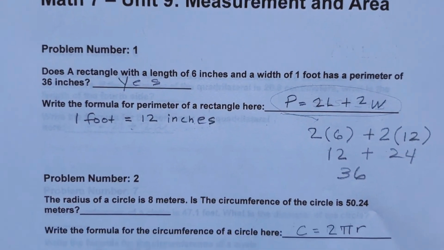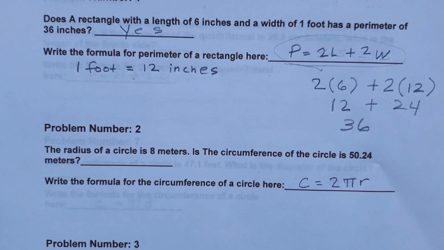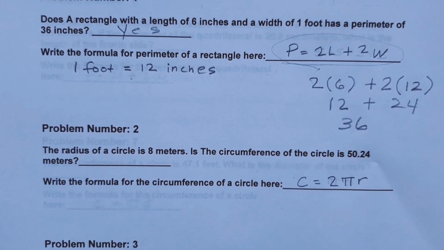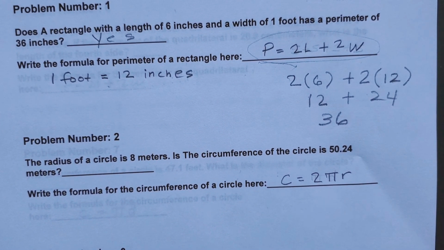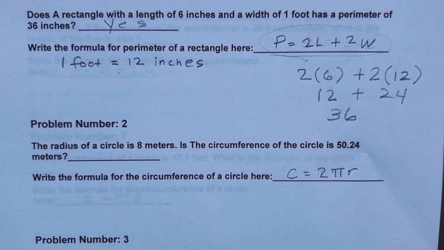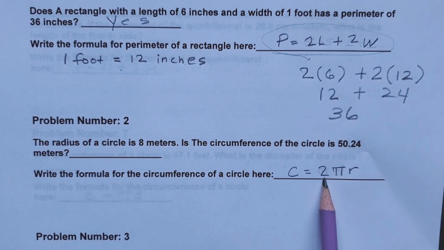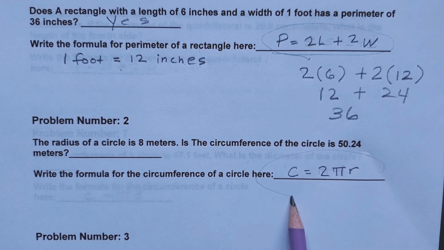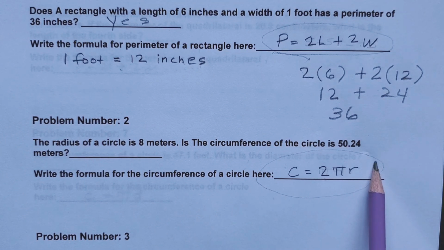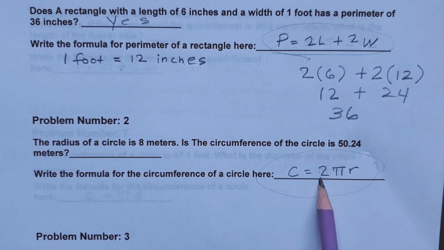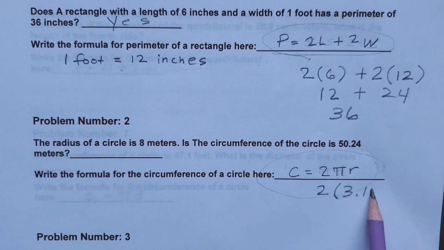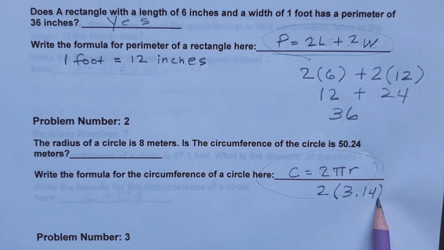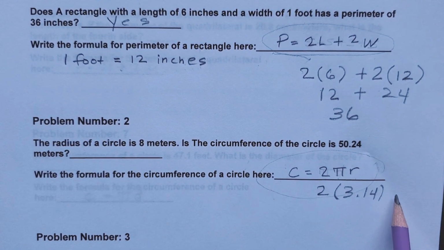Okay. Problem number 2. The radius of a circle is 8 meters. Is the circumference of the circle 50.24 meters? Okay. So in order to solve this problem, you're going to need to have this formula memorized. All right? Circumference equals 2 times pi times radius. 2 times pi, we know that pi is 3.14, times radius, which is 8.